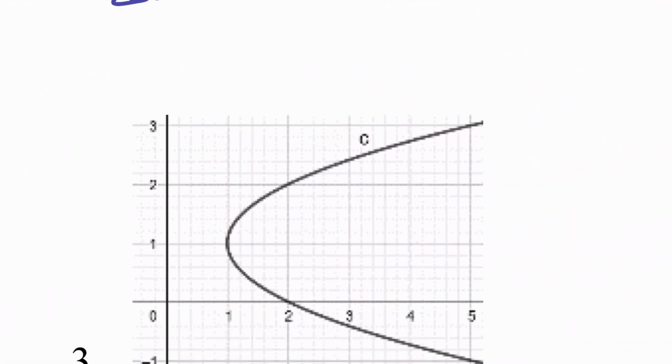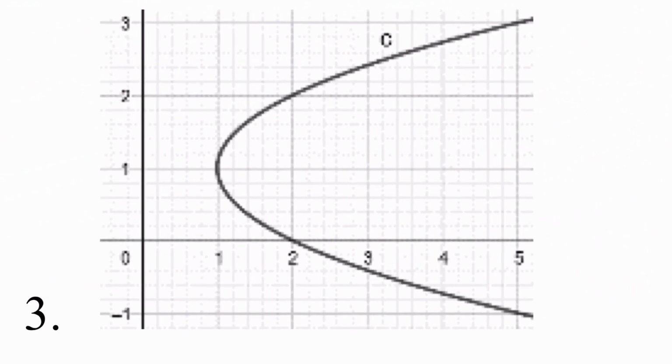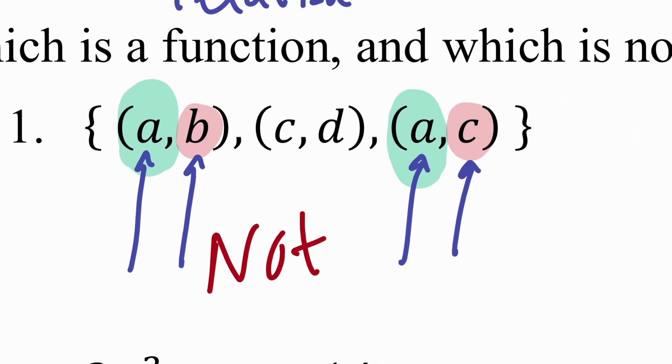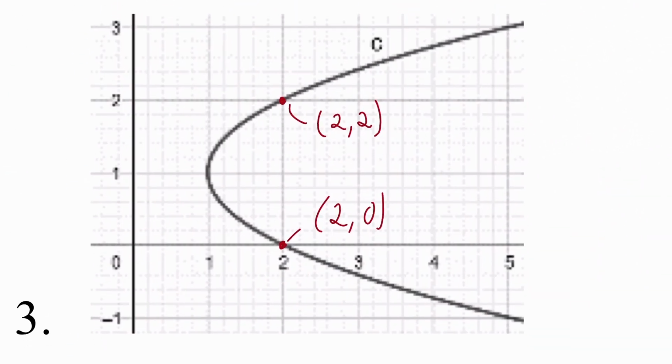Anyway, so looking at this graph, I can tell that there are 2 points right here at (2, 0) and at (2, 2), okay? So this is one of the reasons we think about functions in terms of ordered pairs, because when you have a graph, you can also identify ordered pairs.